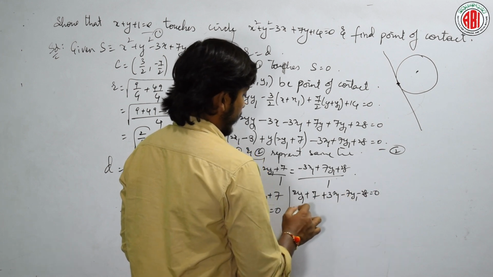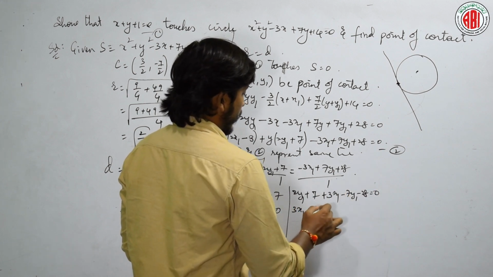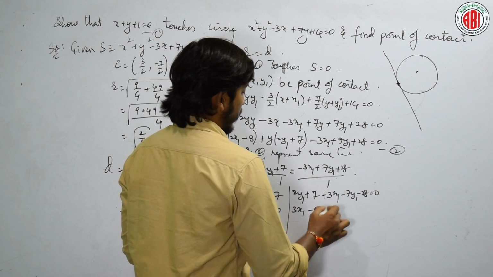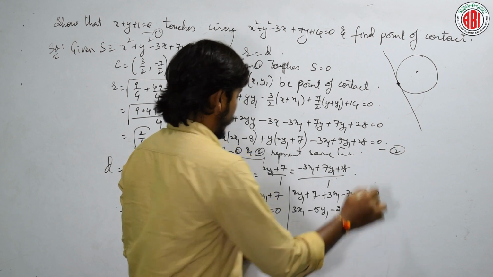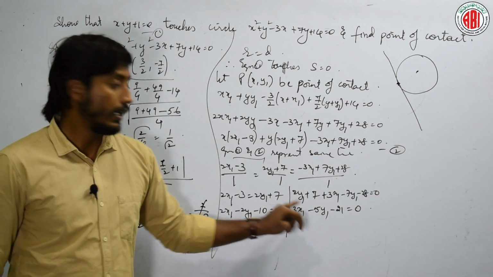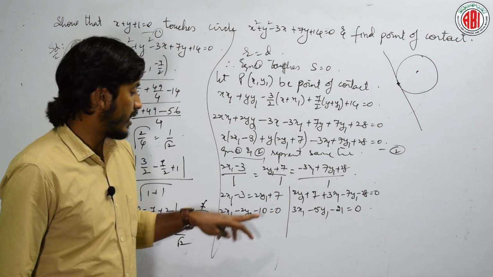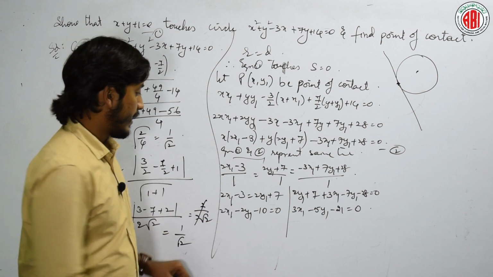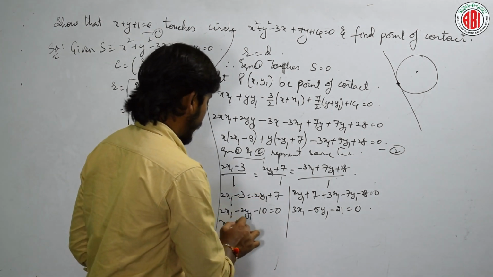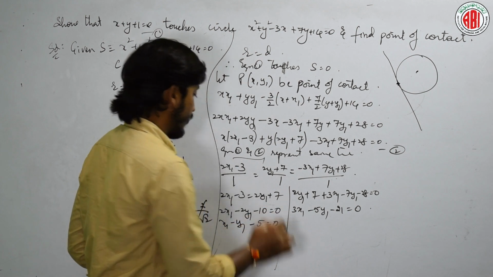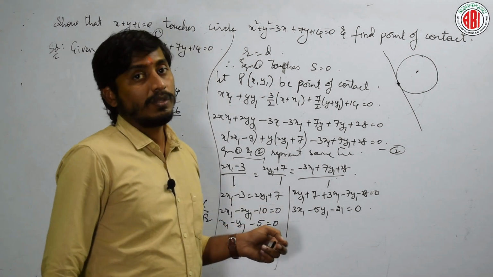I will get 3x1 minus 5y1 minus 7 minus 21, that is minus 21 equal to 0. Clear? So, what shall we do is, let us take 2 common from this. I will get x1 minus y1 minus 5 is equal to 0. Now, let us multiply 3 to this.